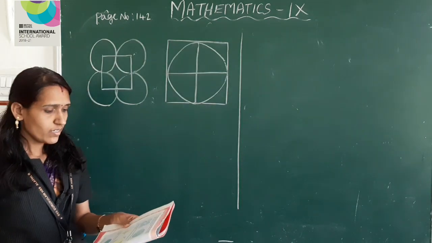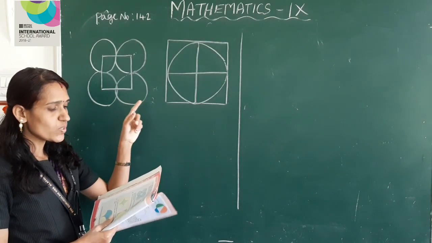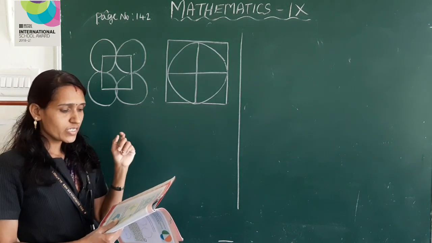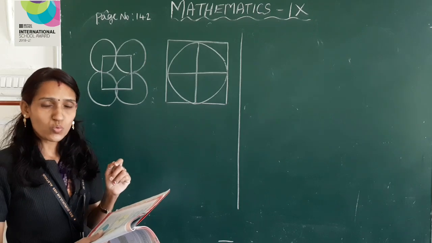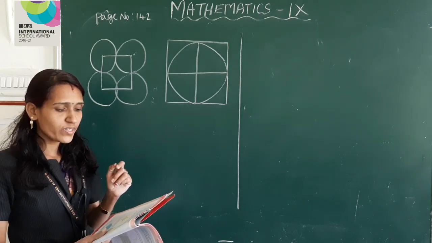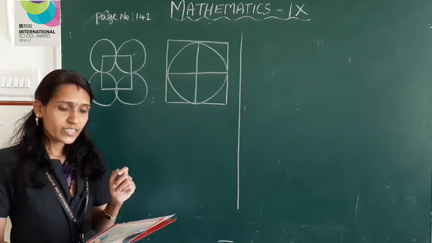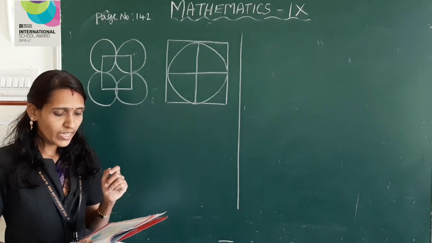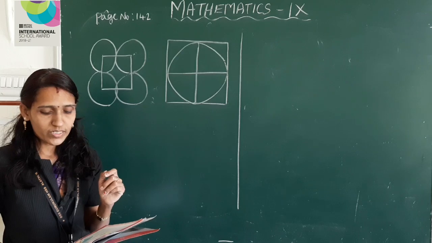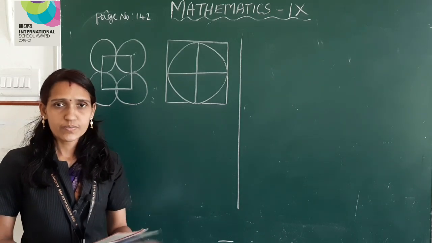Next question, draw a square and draw circles centered on the corners of radius half the side of the square. Draw another square formed by 4 of the first square and a circle just fitting into it. Prove that the area of the large circle is equal to the areas of the 4 small circles.